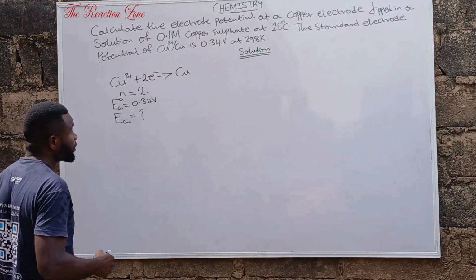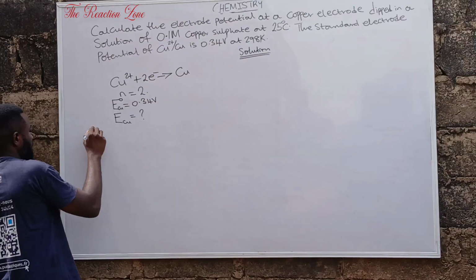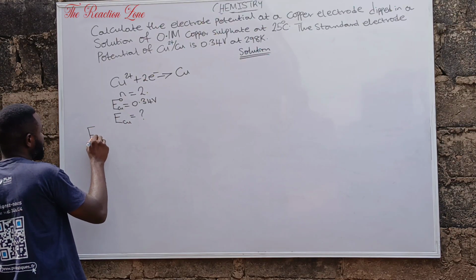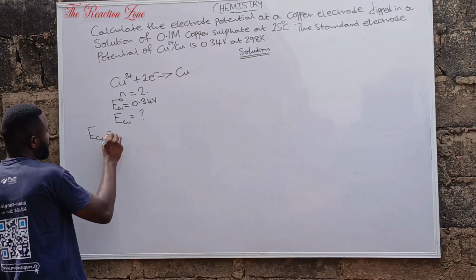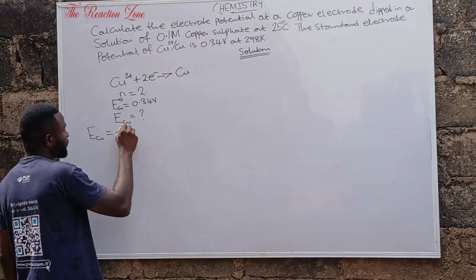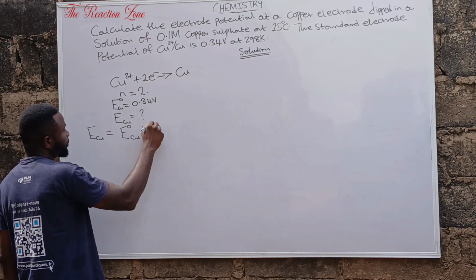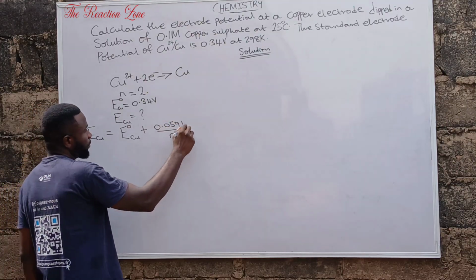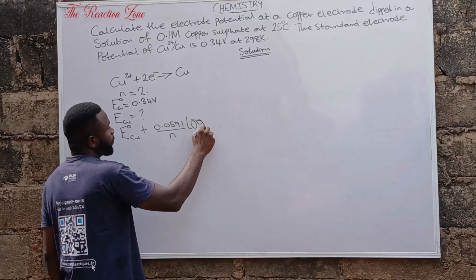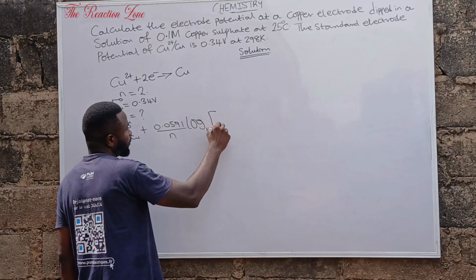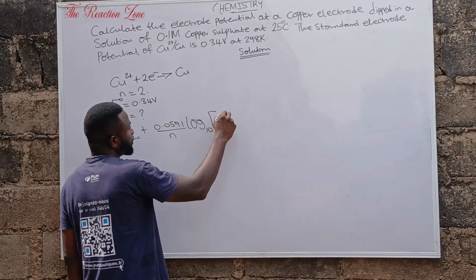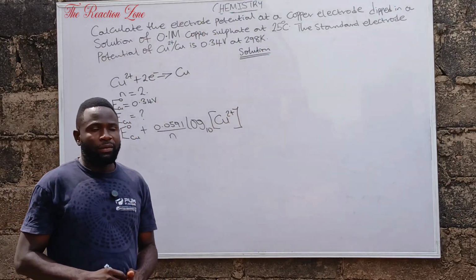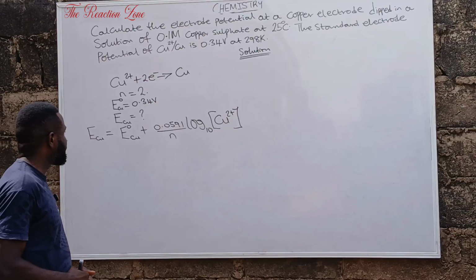Since reduction takes place at this electrode, the electrode potential in this case, which is going to be E_Cu, is simply going to be E°_Cu plus 0.0591 over n, log base 10, concentration of Cu2+. This is the formula to use.